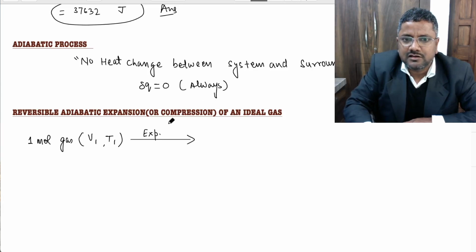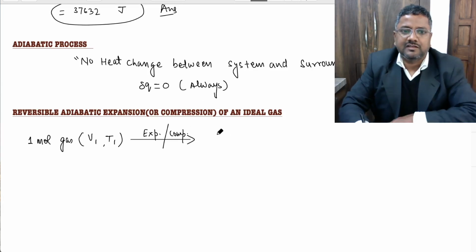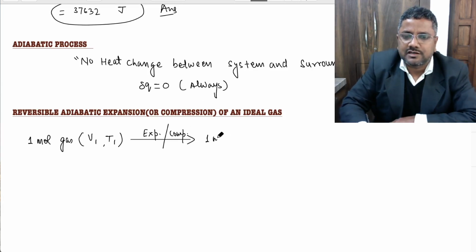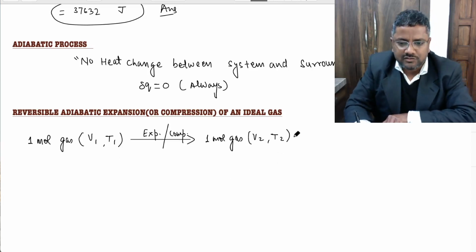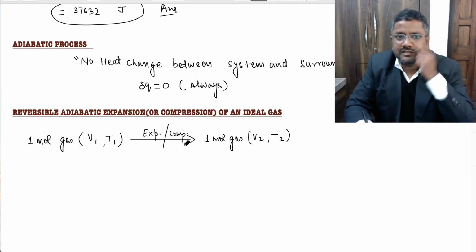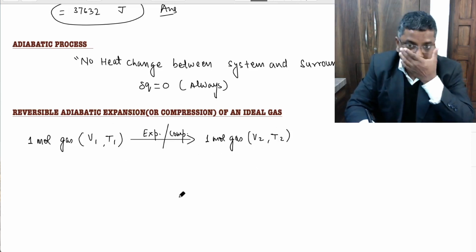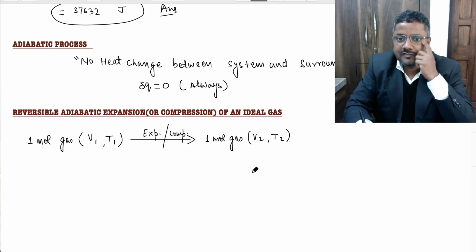So this is another state, 1 mole gas, V2 and T2, right? And delta Q is equal to 0, and the process is reversible.